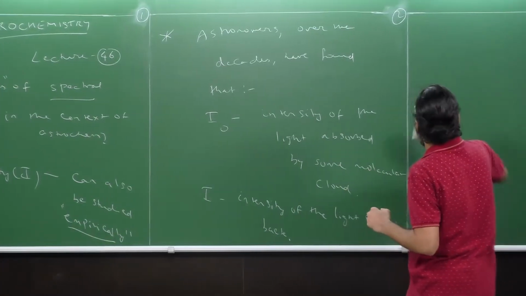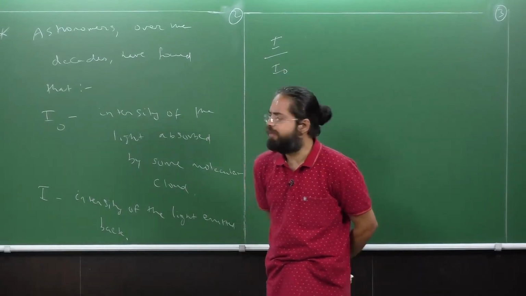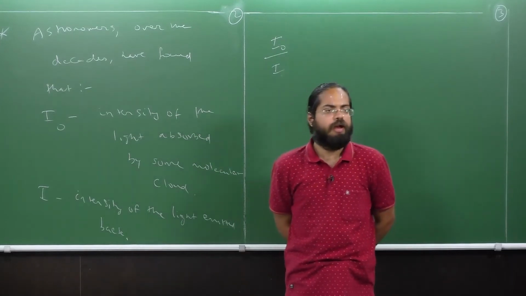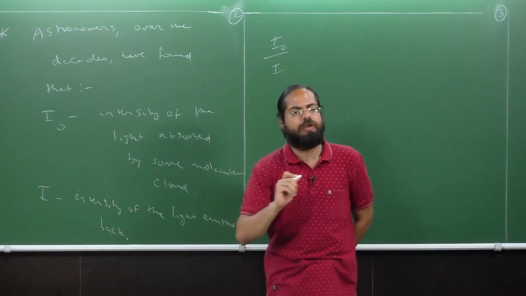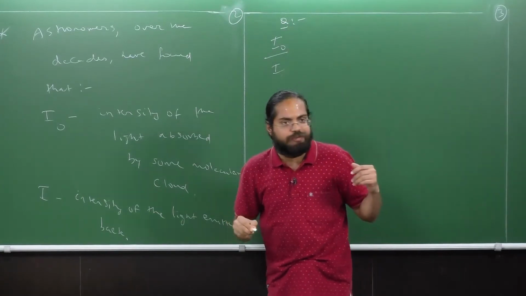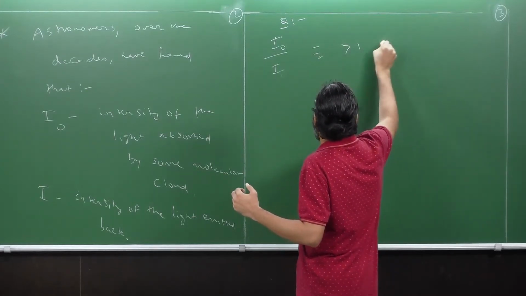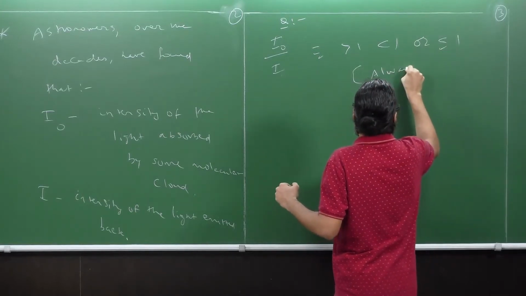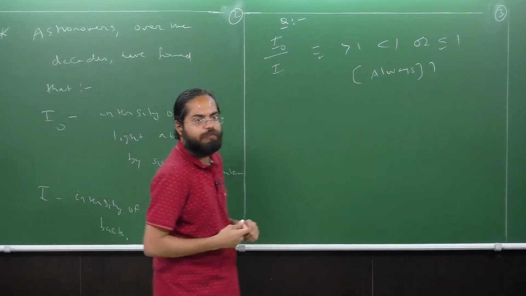Consider the ratio of I by I naught, or you can consider the ratio of I naught by I. Do you expect this ratio to be greater than 1? The question you can try to answer in the class itself is: is I naught by I going to be greater than 1, less than 1, or less than 1 always? Which of these three inequalities make sense?